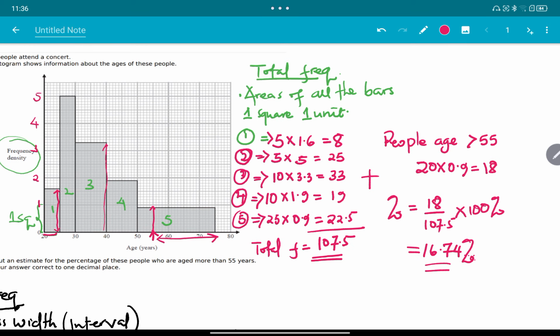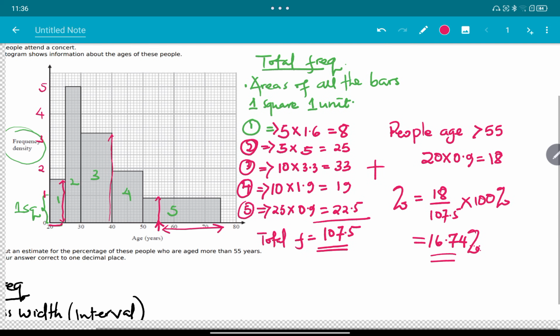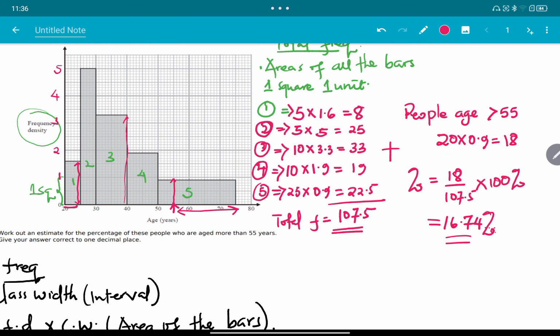I know the main problem, where issues tend to arise, is when you need to get the frequency when you've not been given the frequency density. And we've just said that if you're not given the frequency density, you choose the scale that you want to use, so long as you are consistent with it in working out whatever the question is asking for. Okay.